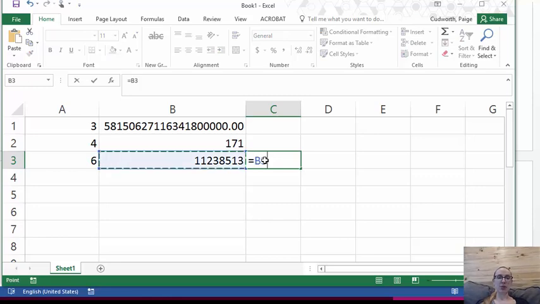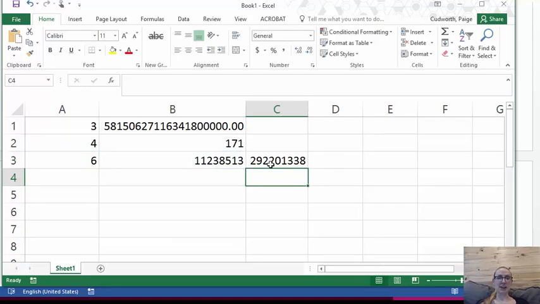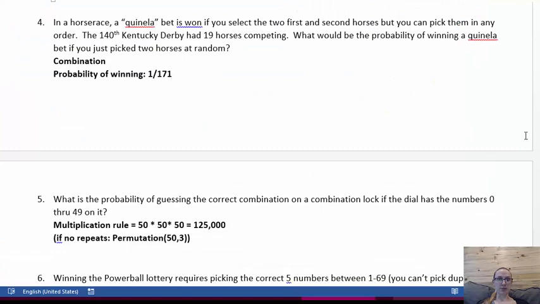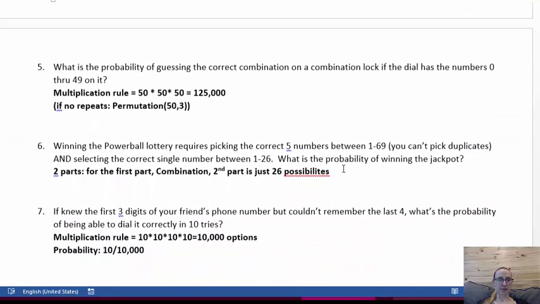We need to then take the product between the number of ways we can pick the first set of numbers times the number of ways we could pick the second set, which is 26. So I'm going to do a multiplication between this result and 26, and this gives me this number here, which would be my total number of options for playing the lottery.